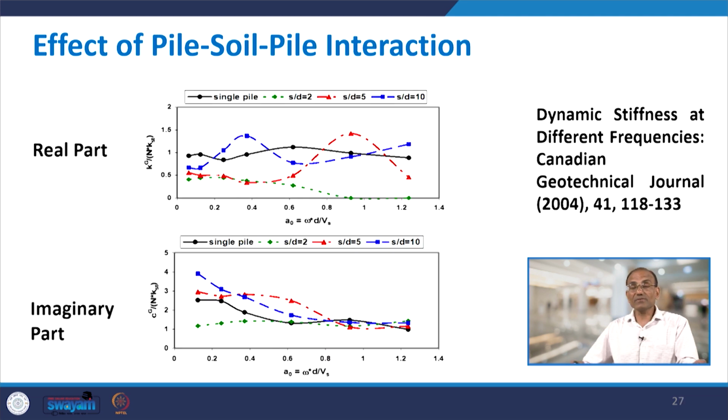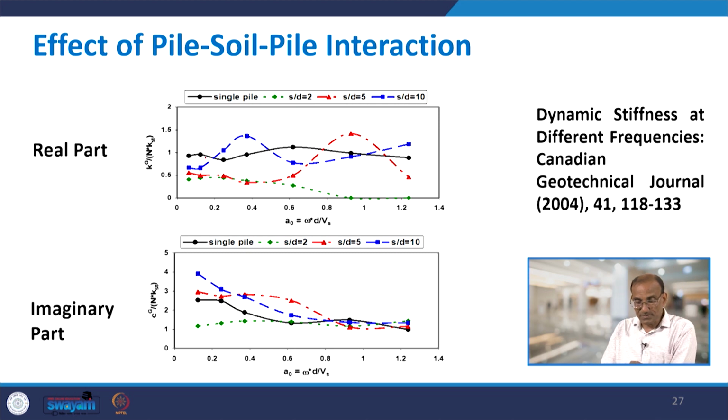Now, we also carried out the analysis for the complete system, that is soil pile structure, pile soil pile interaction for a group, and for a group of piles you can see that the effect of S by D, that is the spacing ratio, is quite large. In this result you have the real part and imaginary part for 4 cases. One is a single pile, and the others are 2 by 2 pile groups with varying spacing between the piles.